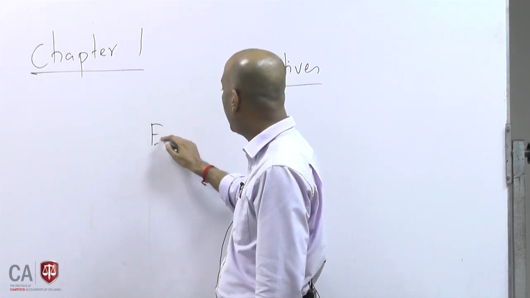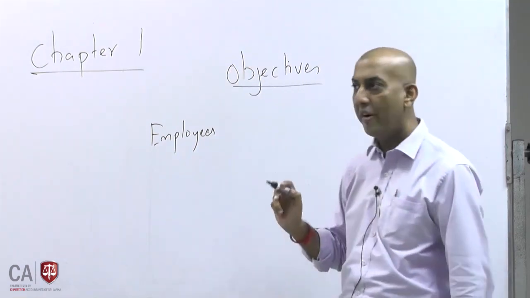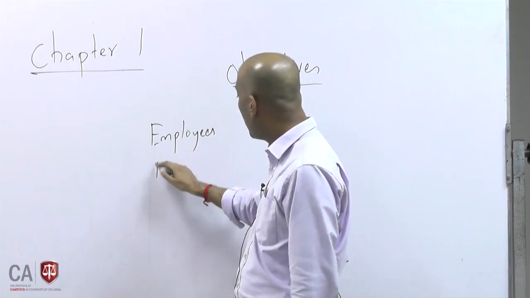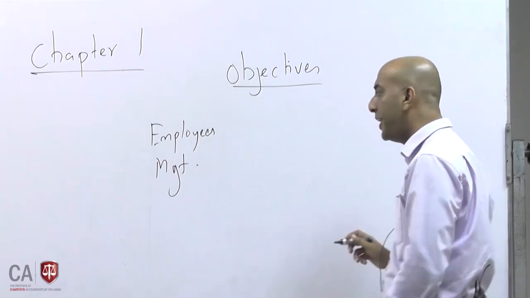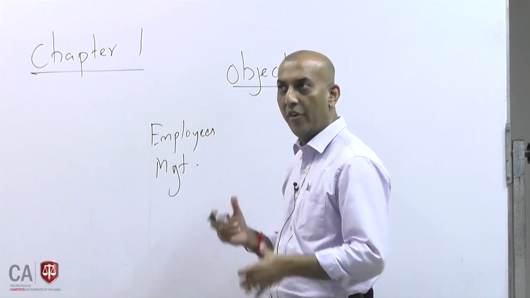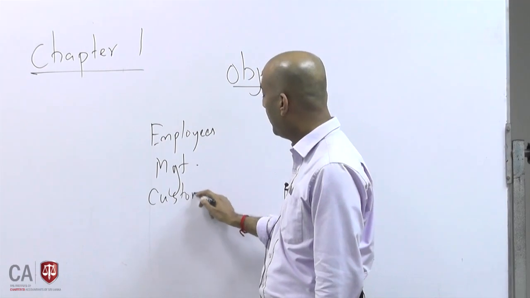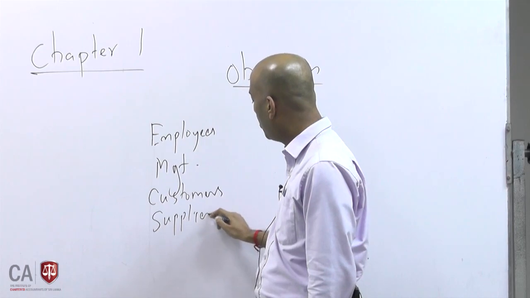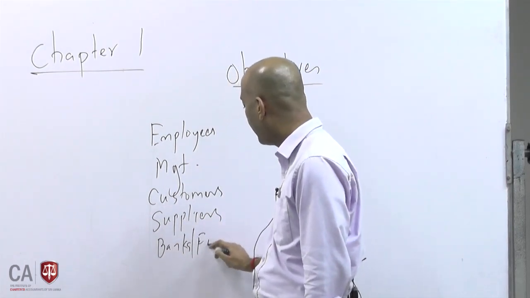You will see, for example, employees. In any company, you have employees who are a main stakeholder of the company. And then you have management, that is the director board or senior management who are supposed to run the organization or make decisions in the company for the benefit of the shareholder. Then you will have customers. Then you have suppliers. Then you have banks or other financial institutions.